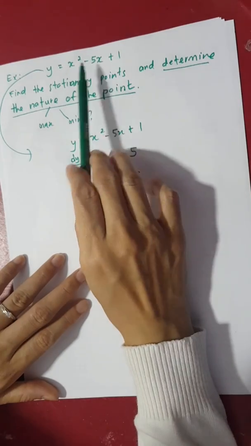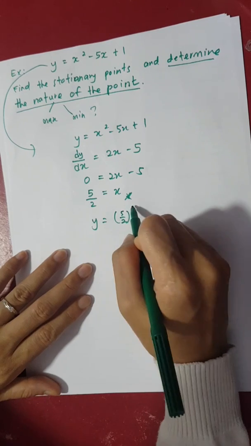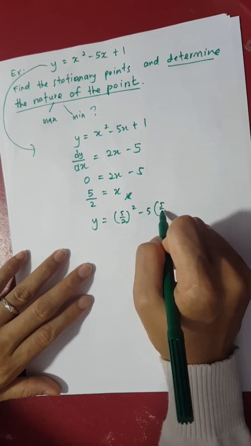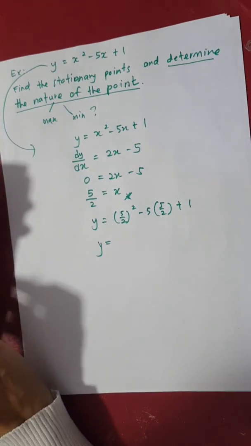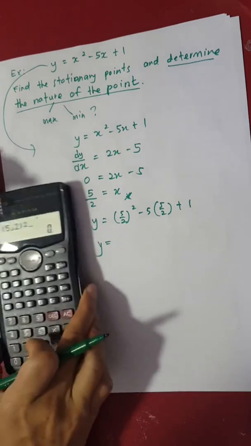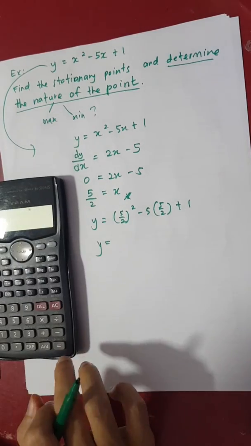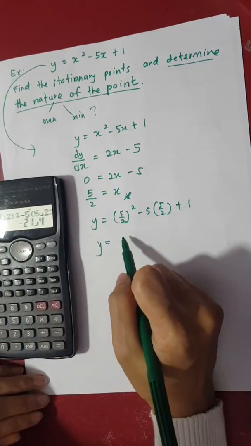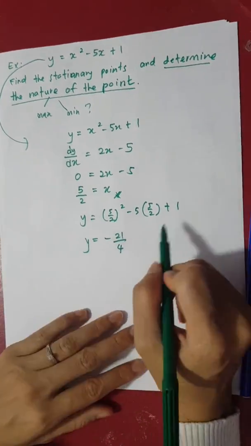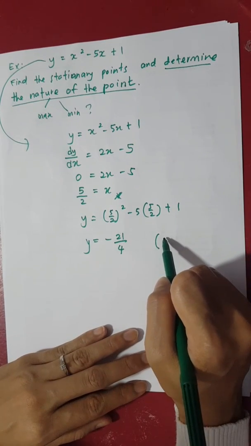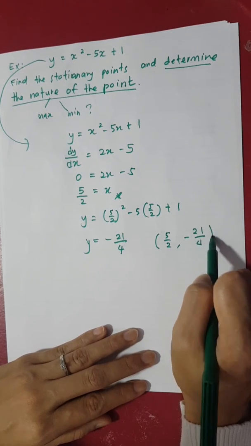Substitute your x in your equation to find y. So we have y equal to negative 21 over 4. So our stationary point is (5/2, negative 21/4).